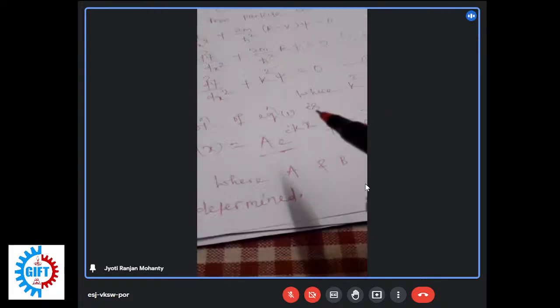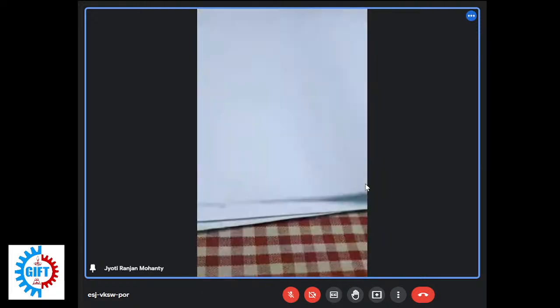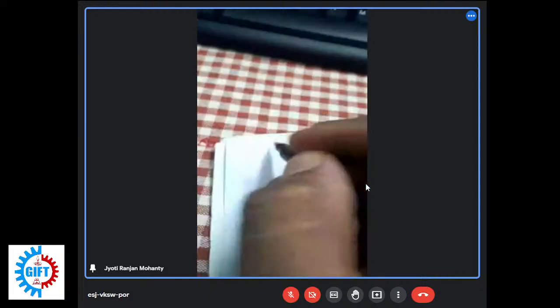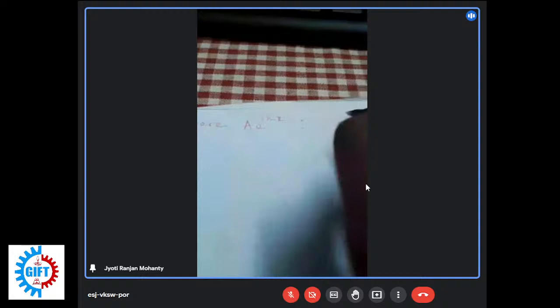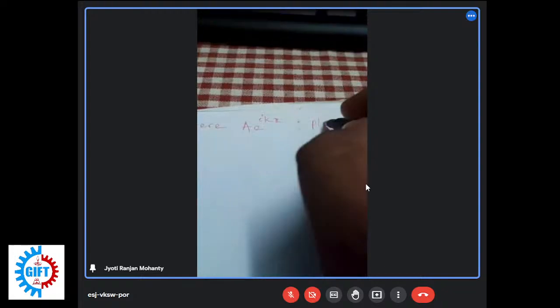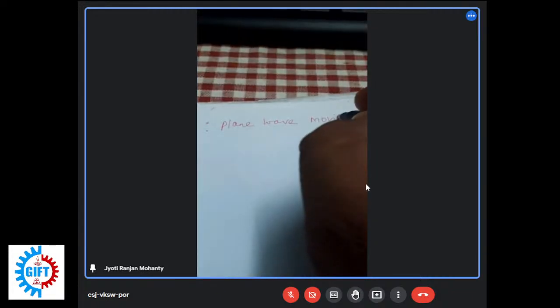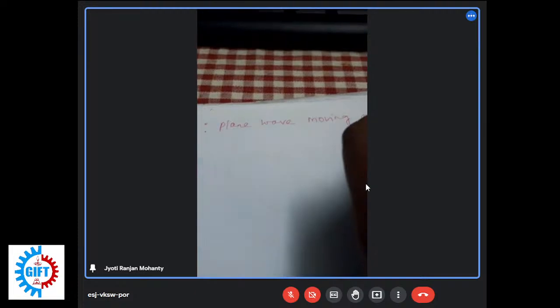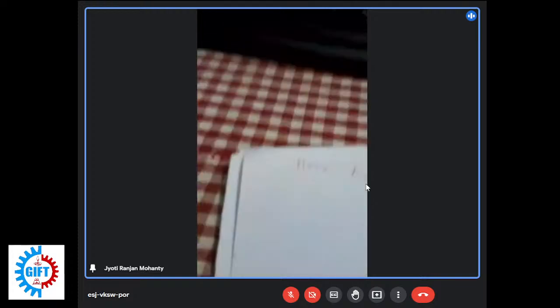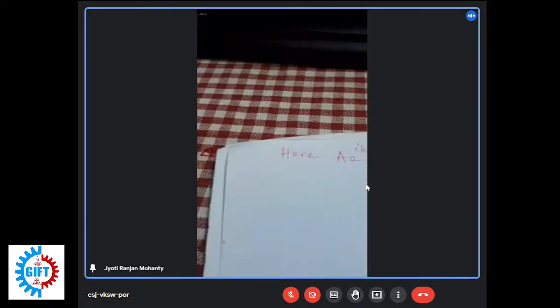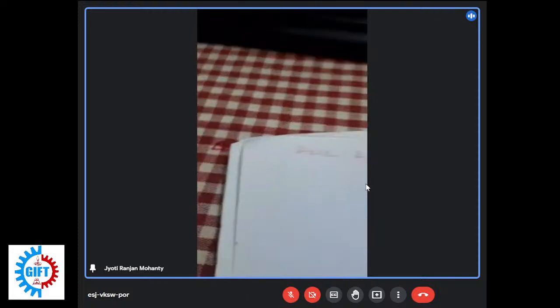So write down: A e to the power i kx is known as a plane wave moving along the positive x-axis. A e to the power i kx represents a plane wave moving along the positive x-axis.